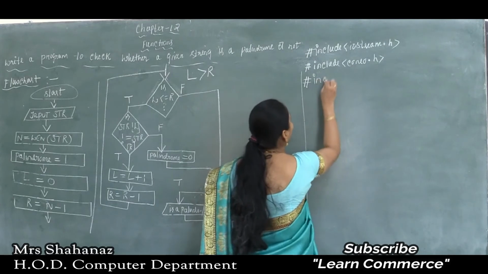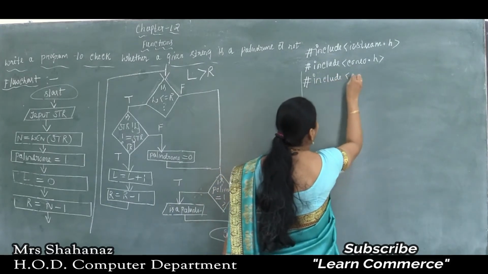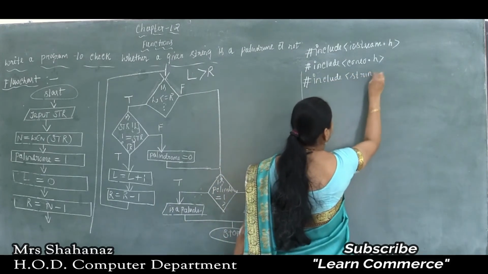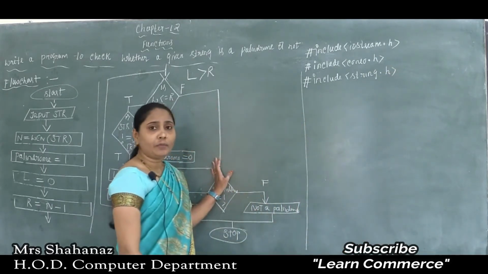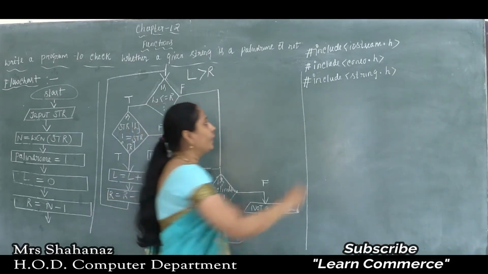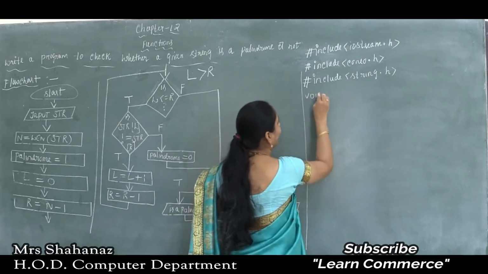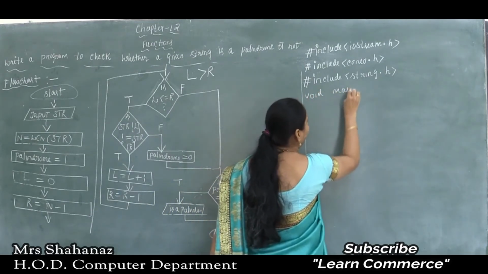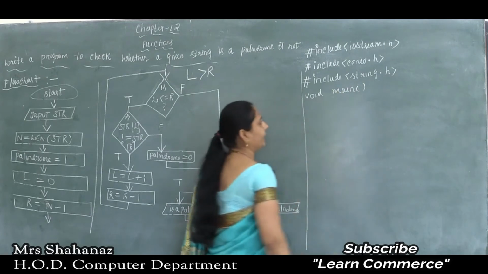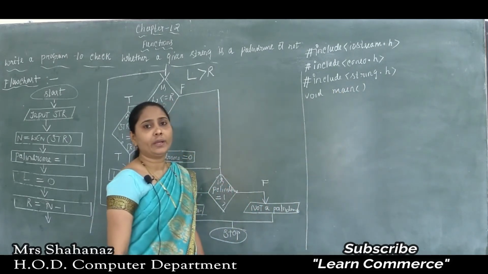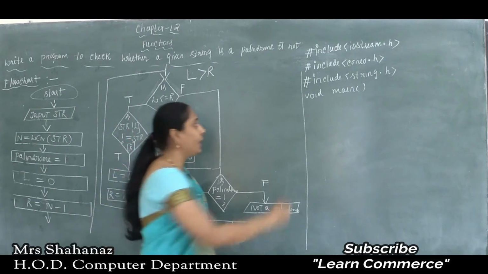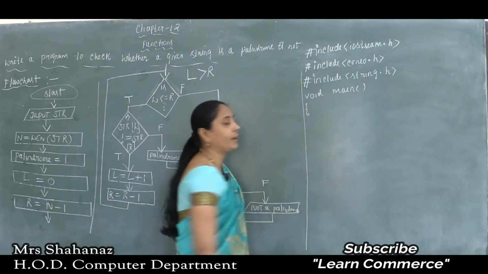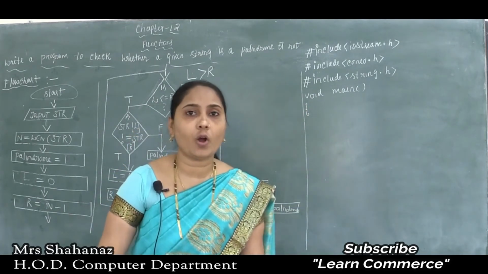So hash include string.h. After completing the header files, now I am going to start the program by using void main. As we know, it should be written in lowercase letters and we should not use any semicolon while writing void main, and later the opening flower bracket indicates the starting of the program.